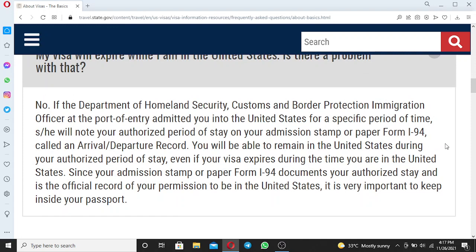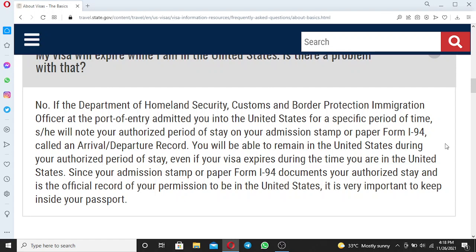If the Department of Homeland Security, Customs and Border Protection Immigration Officer at the point of entry admitted you into the United States for a specific period of time, she or he will note your authorized period of stay on your admission stamp or paper Form I-94. It's called an arrival/departure record. You will be able to remain in the United States during your authorized period of stay.